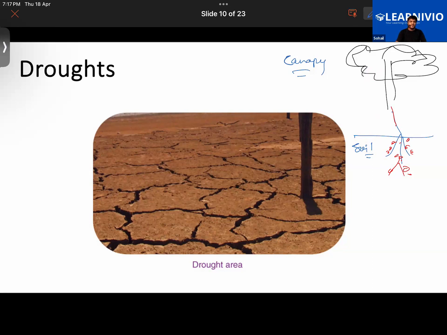When the trees are cut down during deforestation, there will be no roots of trees. The roots will basically die, so they will no longer be holding on to the soil particles. Whenever there is heavy rainfall, the water will no longer be absorbed into the soil as much as it was earlier.